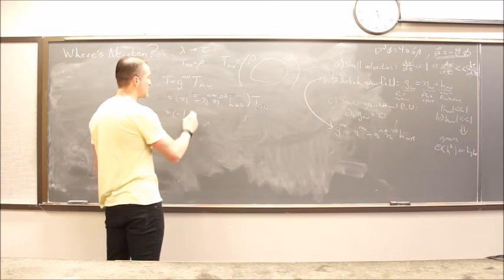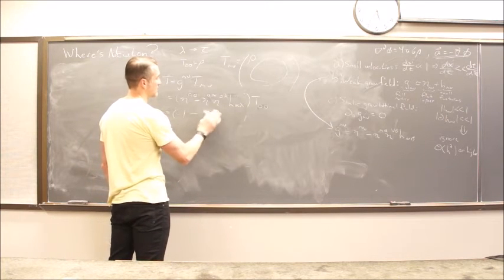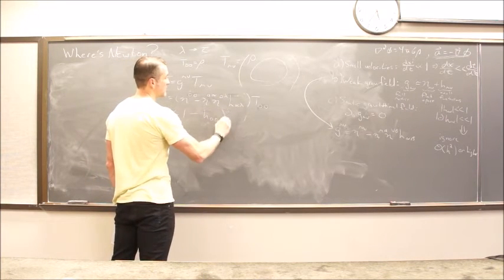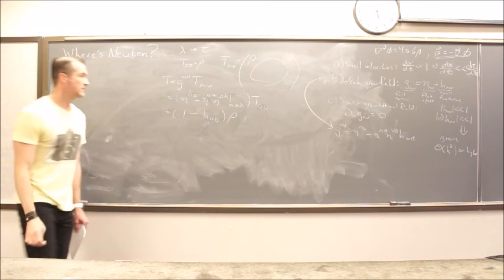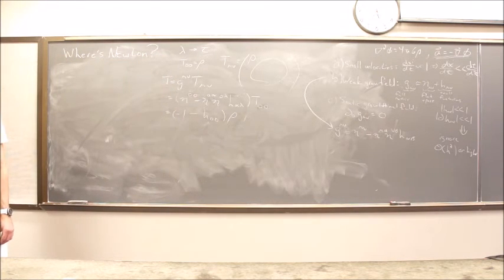Doesn't matter, they're squared. So this is going to be minus h00 times rho. Okay. So that is my trace of the energy momentum tensor.